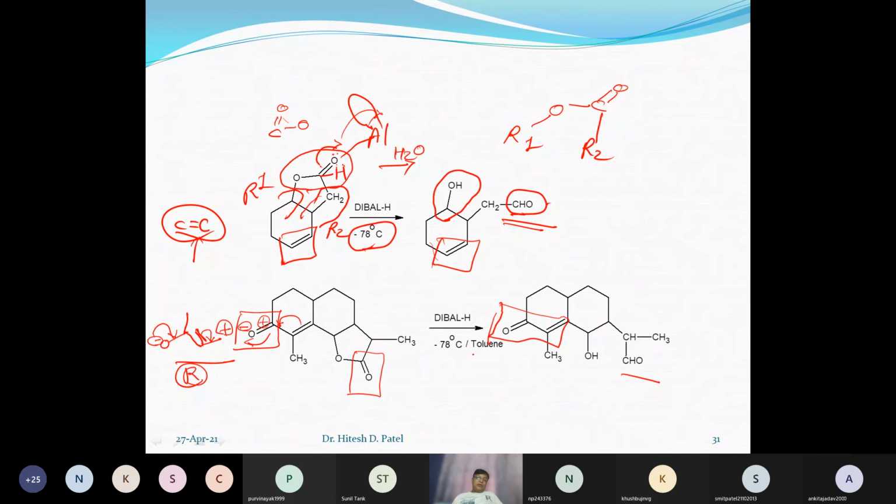So right now I am not going to discuss which kind of reagents we can use for the reduction of this type of functional group. My aim here is to explain the application of DIBAL-H. With the support of DIBAL-H, we can convert ester into aldehyde, but the condition is a temperature of minus 78 degrees centigrade. Then only the reaction will take place.